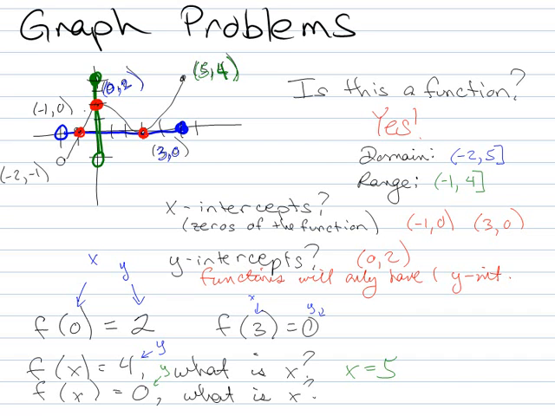Looked at it 3 times, didn't see it. So if f of x is 0, what is x? So these are all the places that y is 0, like here and here. When y is 0, x can be -1. Or when y is 0, x can be 3. And that's what you're looking at for those problems.